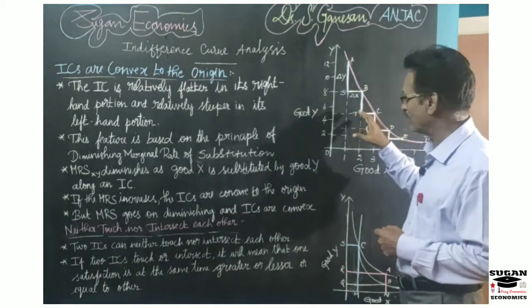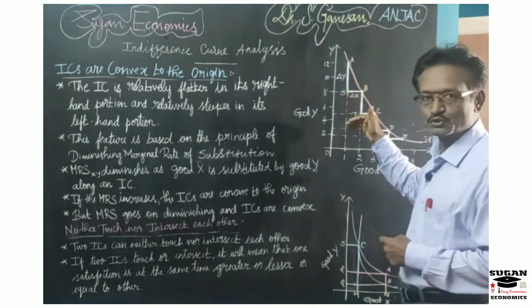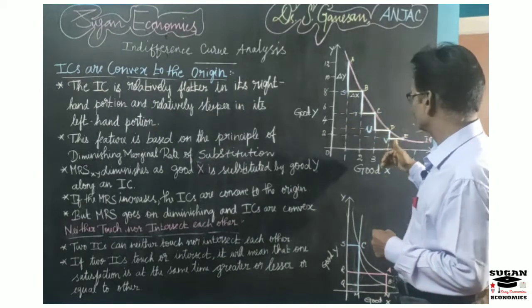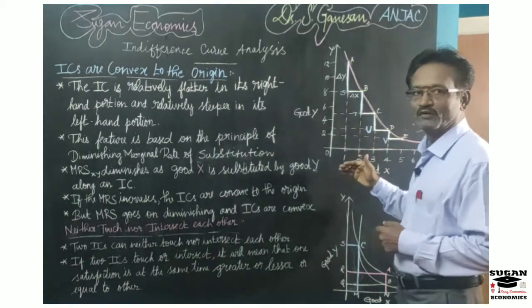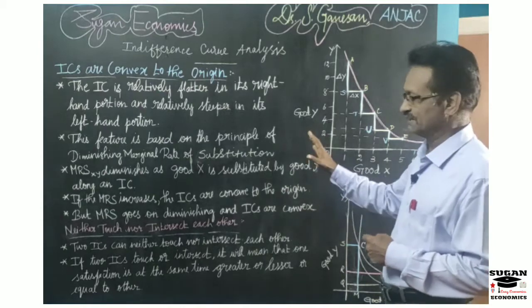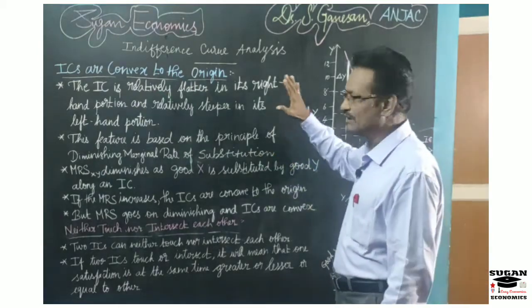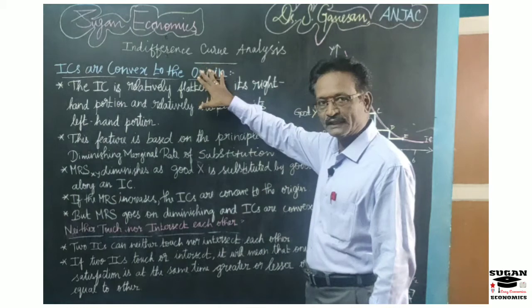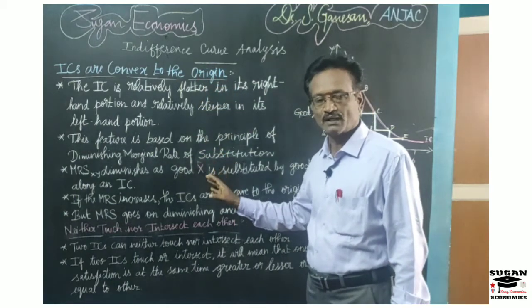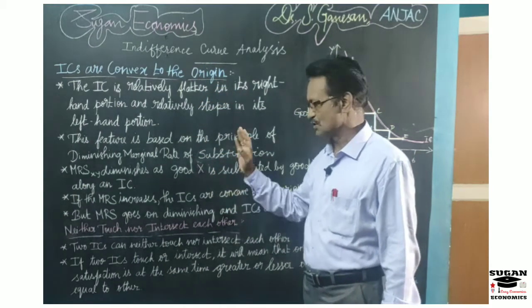It explains that the marginal rate of substitution goes on diminishing. So the indifference curve will be convex to the origin. Are you clear? It is mainly because of the principle of marginal rate of substitution.